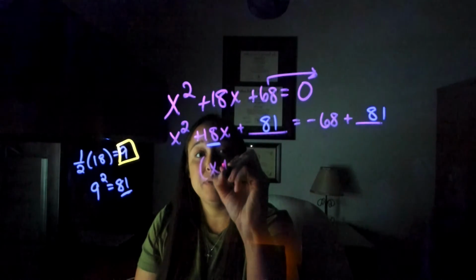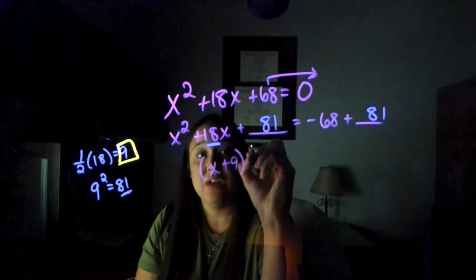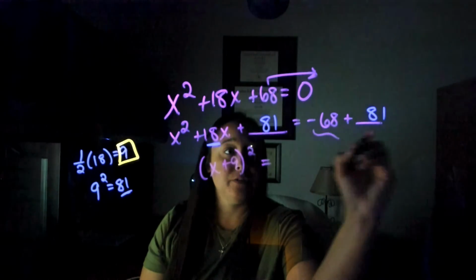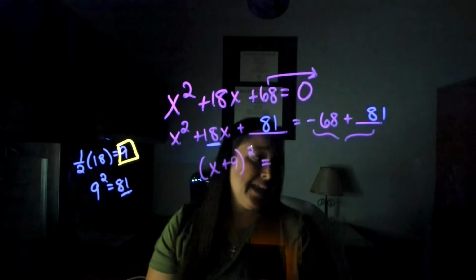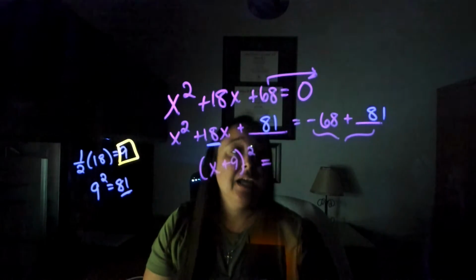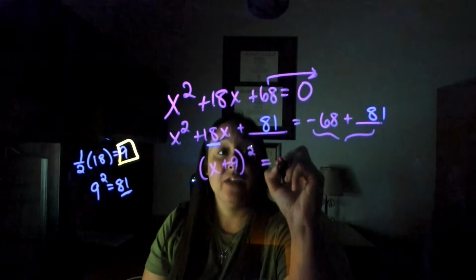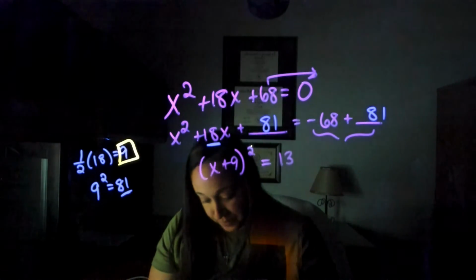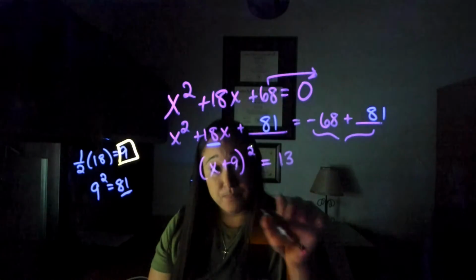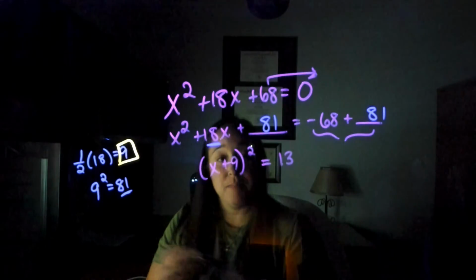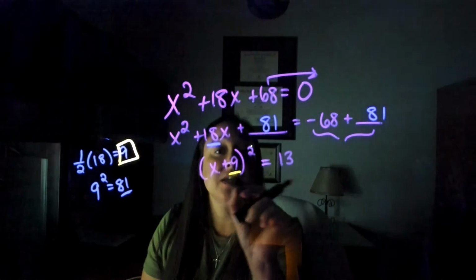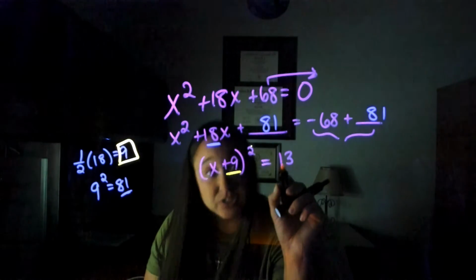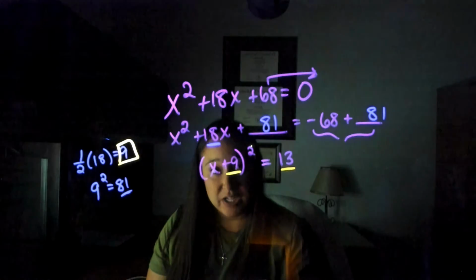I have x plus 9 because that is a positive 9, all squared equals, and over here when I add a negative 68 and 81, I get 13. And that was the first part of the question. It says to select the form, and I would have to select the form that would have the plus, and it would have a box there for you to type the 9 in. And then on the other side, you would type in only the 13.